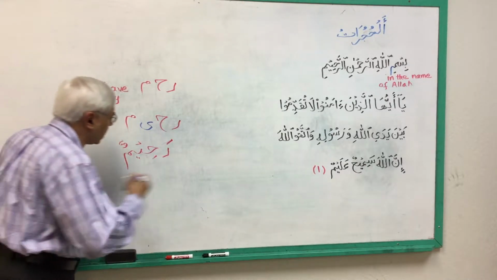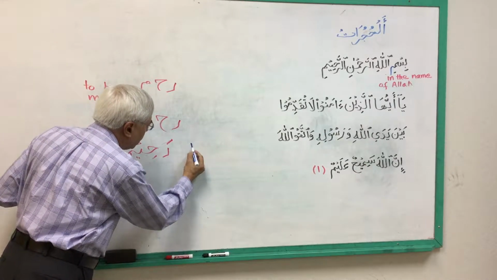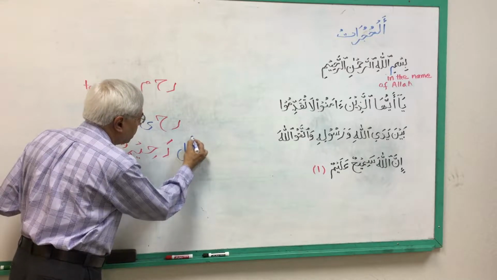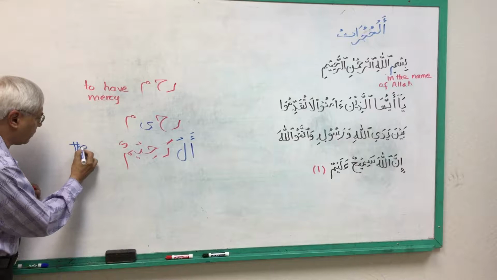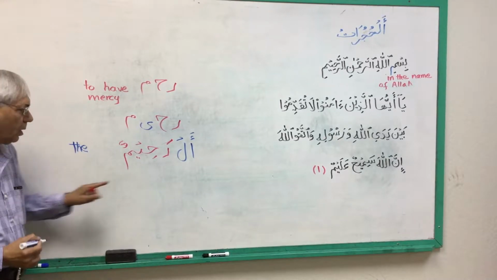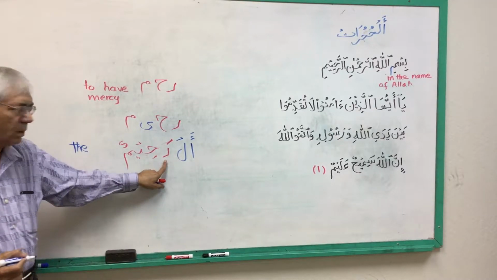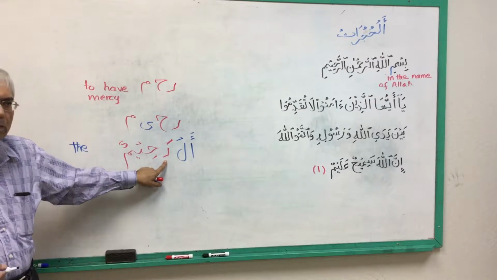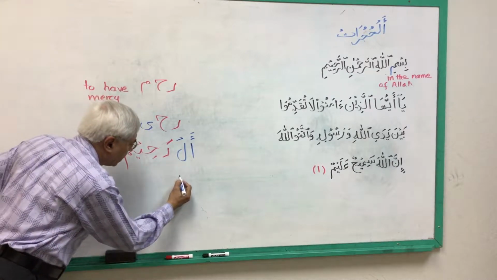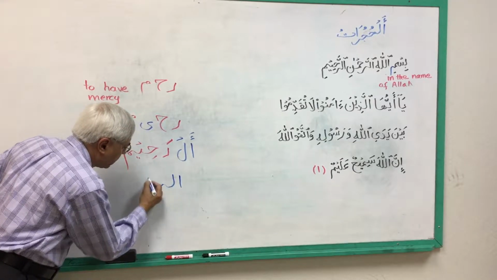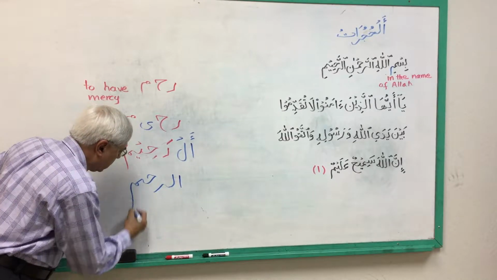Then you do the same thing. You put al before that. It will bring the meaning of 'the merciful.' And again the same thing: Lam and Ra will become twice the Ra, with a shadda. So this will become Ar-Rahim.